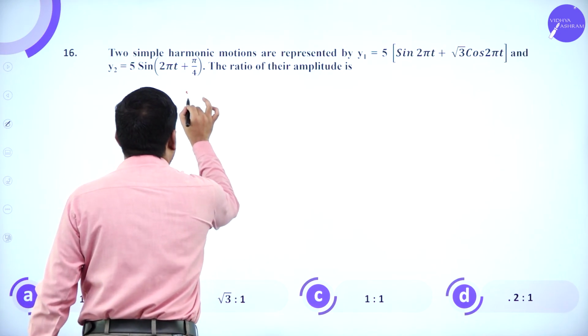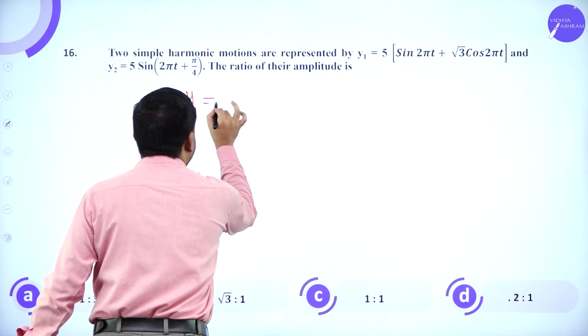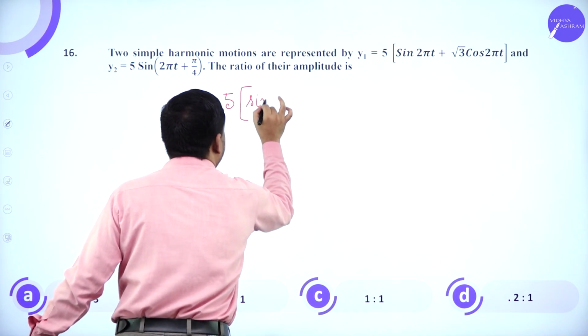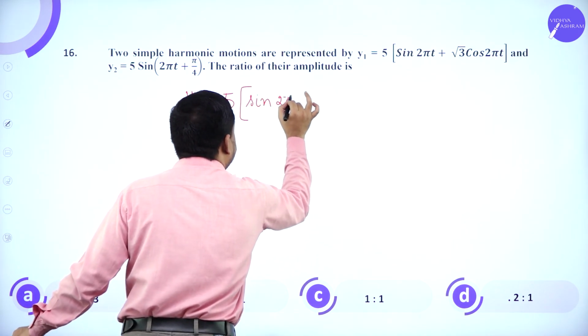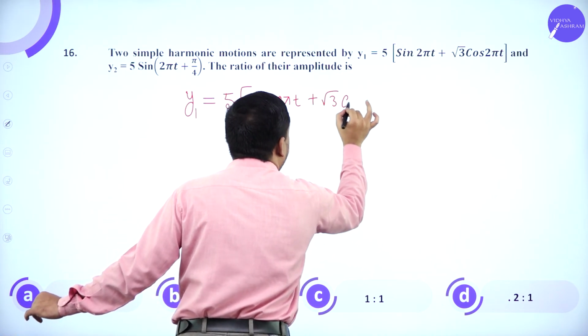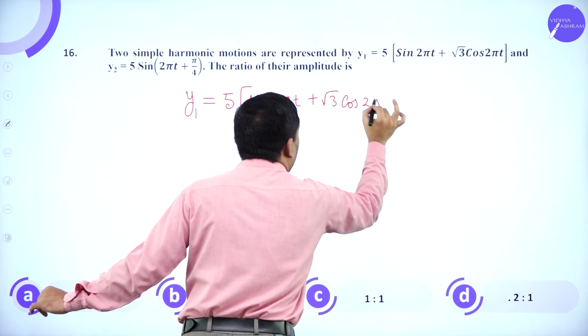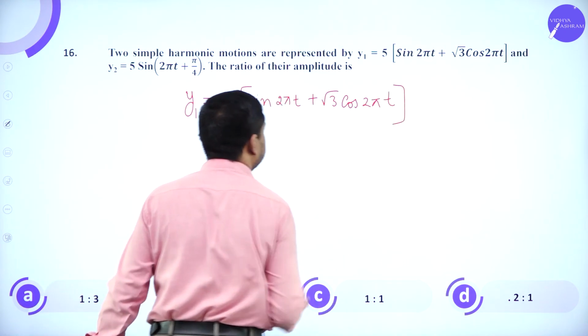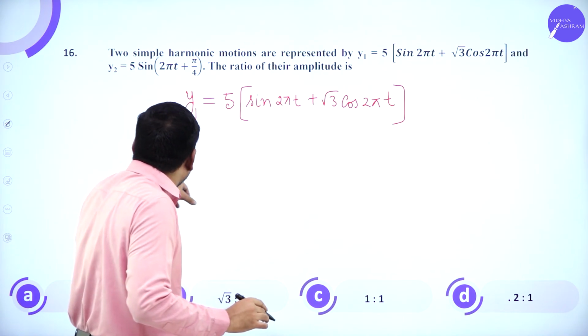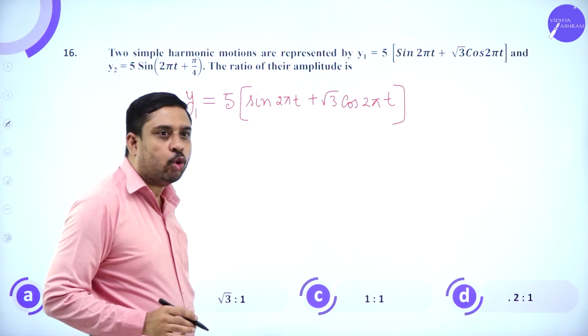See, if you assume y1 is 5 sine 2 pi t plus root 3 cos 2 pi t. Now I will reduce this y1 to the form of y2.